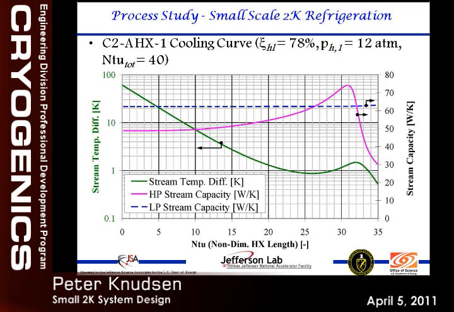So again, if helium was an ideal gas throughout the entire thing, these curves, this one and this one, would be completely flat. We see that that's true for the low pressure stream, but not for the high pressure stream. In fact, this is right around 15 Kelvin, where in one of the earlier slides we saw how the CCP shoots up. That's right in this region right here. That's what's happening.